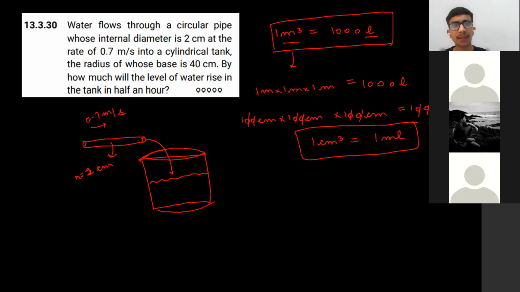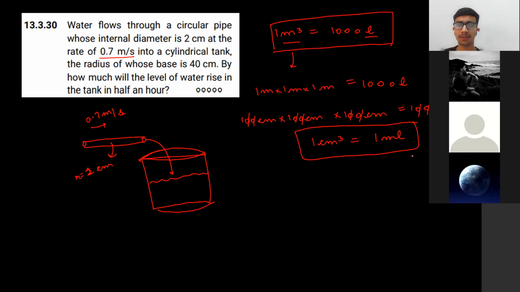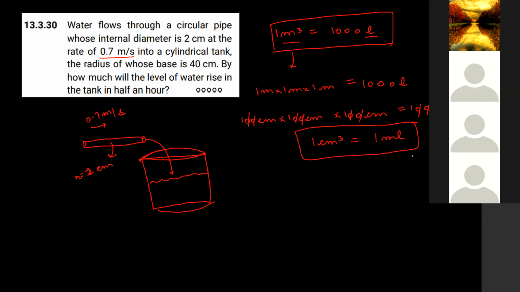Okay, now can anyone explain why we are multiplying 0.7 meter per second with that 60 times, I mean half an hour का time into seconds? Why are we doing that? Yeah, anyone from you. You can go ahead if you want to explain. Because it's given that how much water they are asking, how much water will fill in half an hour.